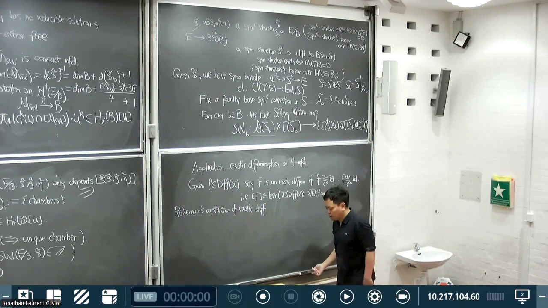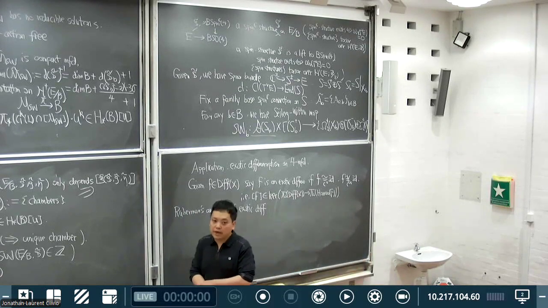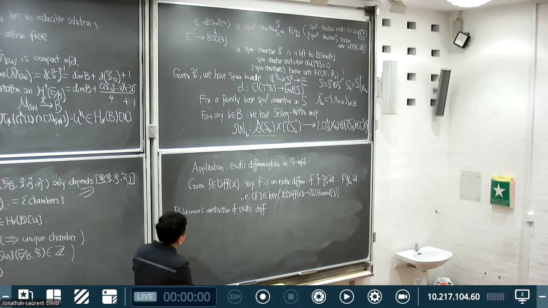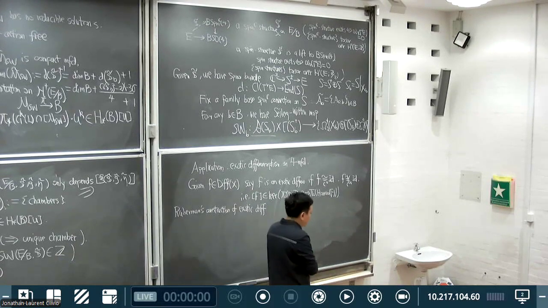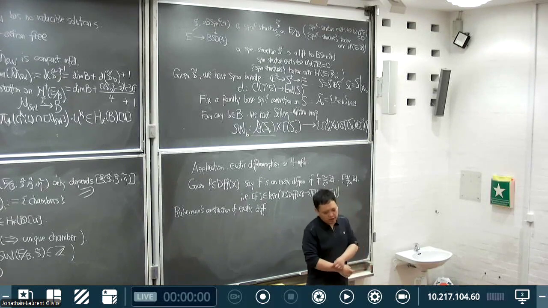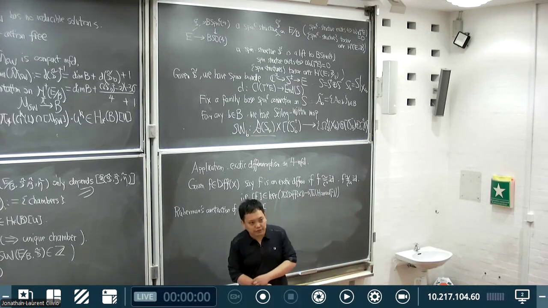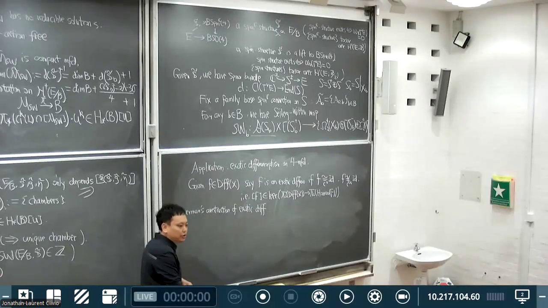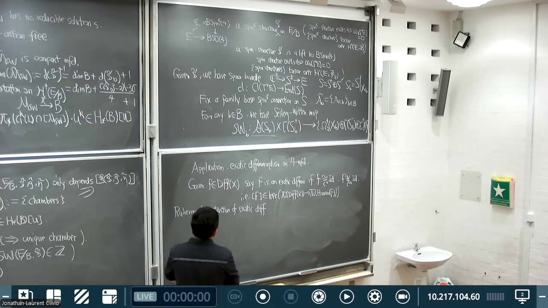Okay, so the first exotic diffeomorphism of a four-manifold was discovered by Daniel Ruberman. He gave two proofs, one using family Donaldson theory, one using Seiberg-Witten theory. So we are going to do the Seiberg-Witten proof. Okay, so how does this work?